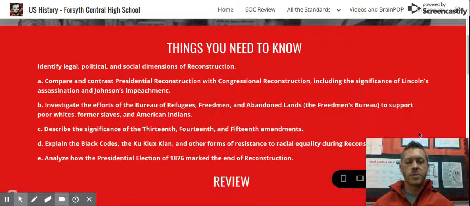And all of this comes to a screeching halt with the election of 1876. So, like we said, there were not really free elections in some southern states. And so there were some electoral votes that came into question. And all of this works out with Rutherford B. Hayes, who is the Republican candidate, the Northern candidate.